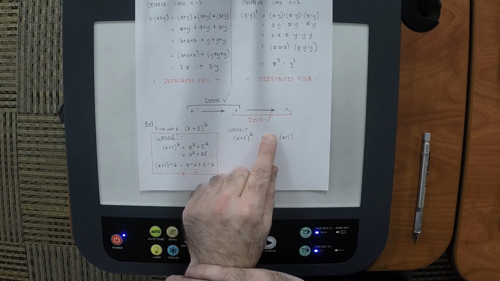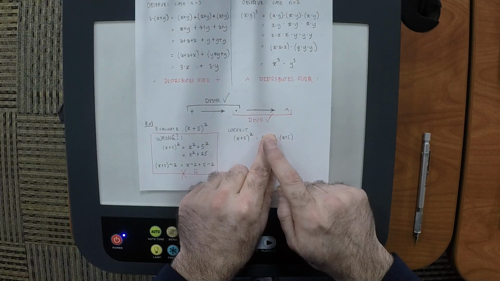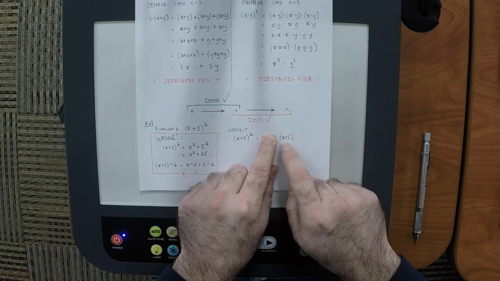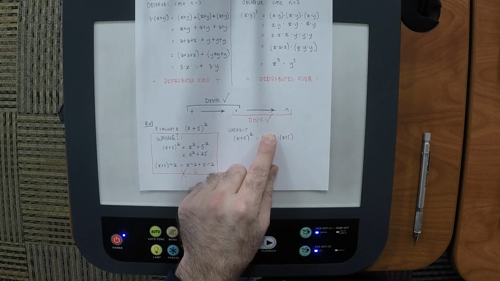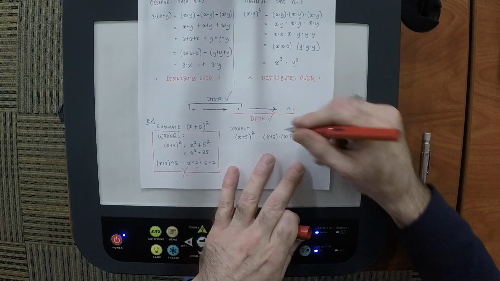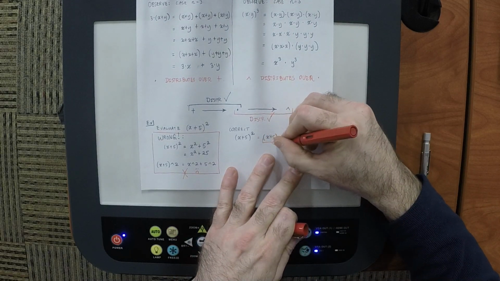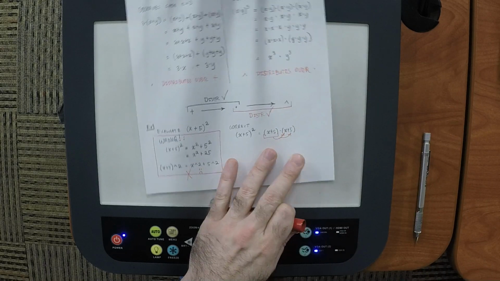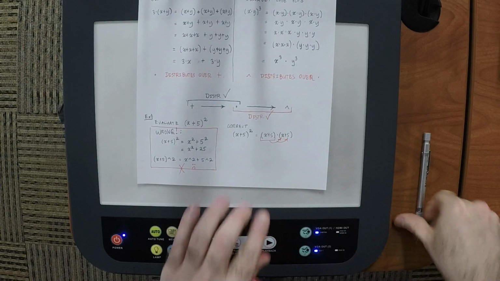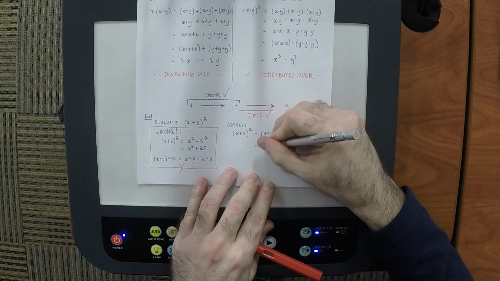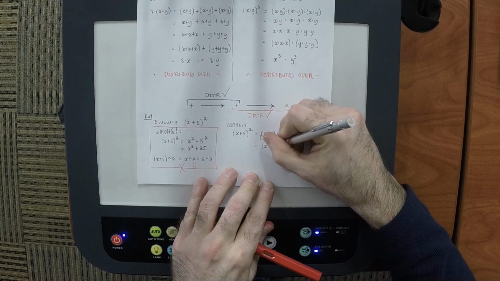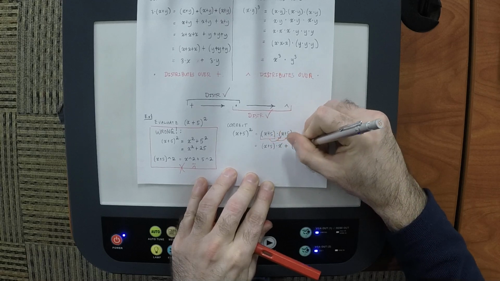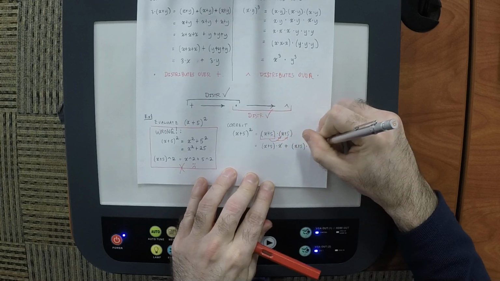I have no idea. And we're going to distribute whatever this is to the things inside here, because that's a multiplication, and we can do that distribution. So this distributes to that and to that. Okay? So the result is (x plus 5) multiply x plus (x plus 5) multiply 5.